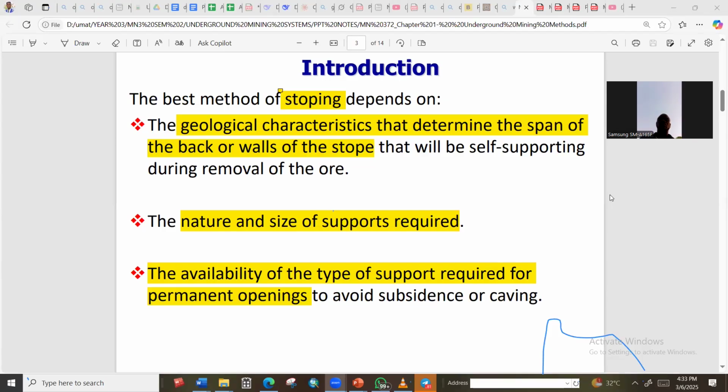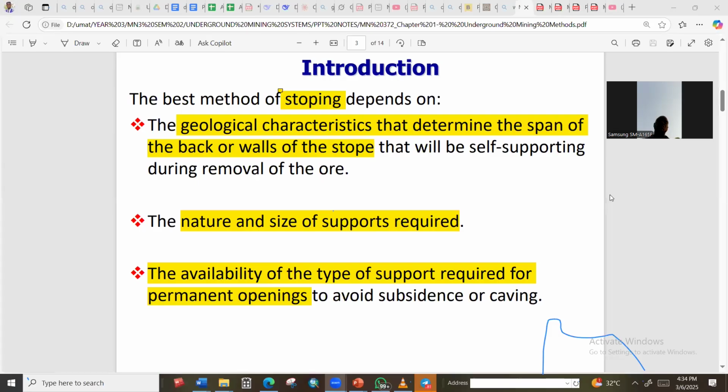Am I supposed to use timber? Am I supposed to use some part of my waste to support? Am I supposed to use split sets? Am I supposed to use gears? They are all support systems that we use. So you look at the nature, what type of support do I need to make my underground stand without failing? You have to look at all these things.